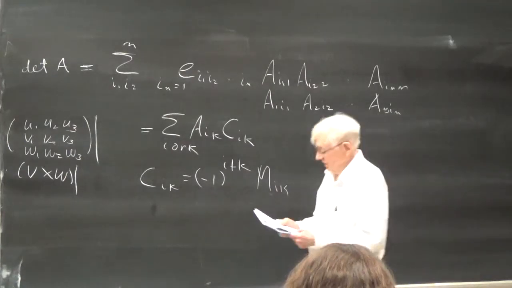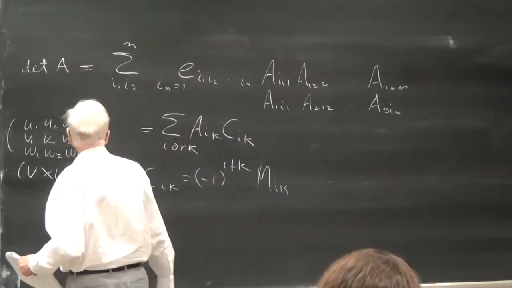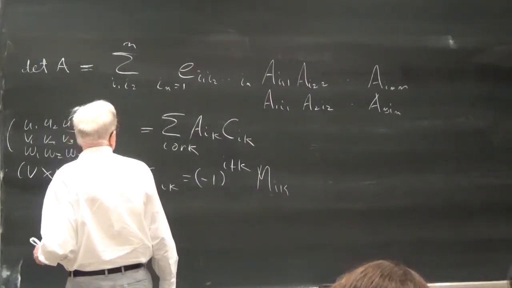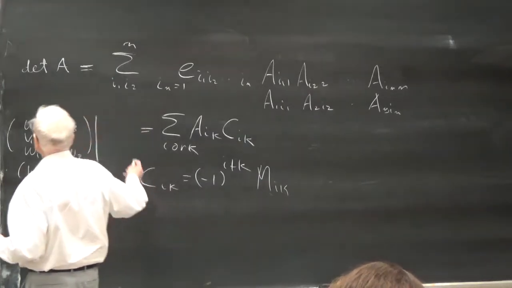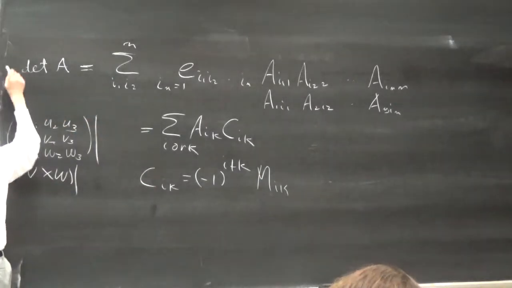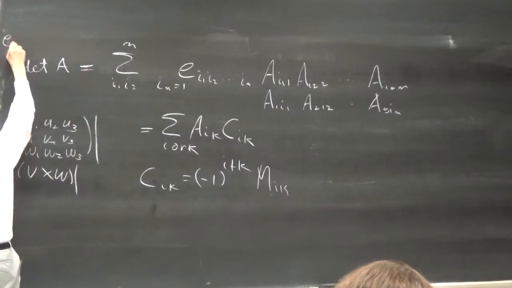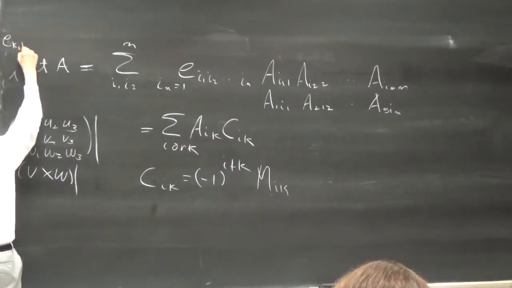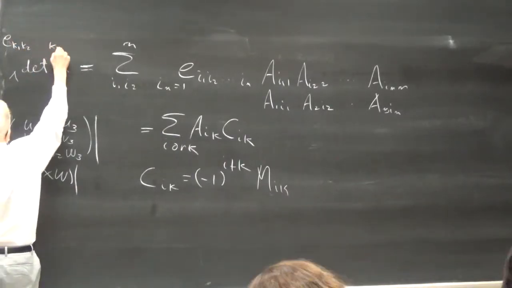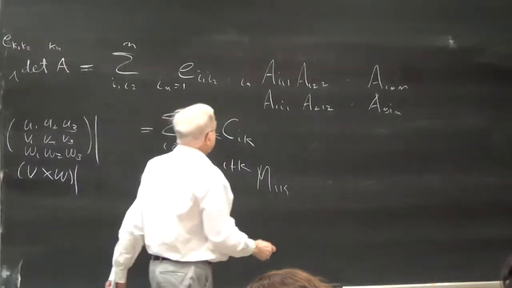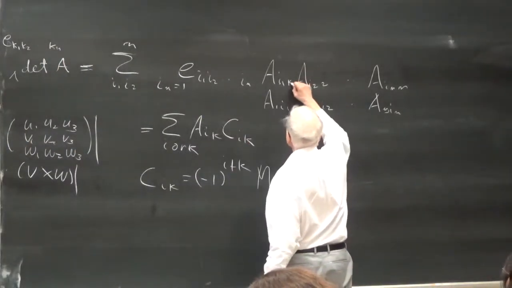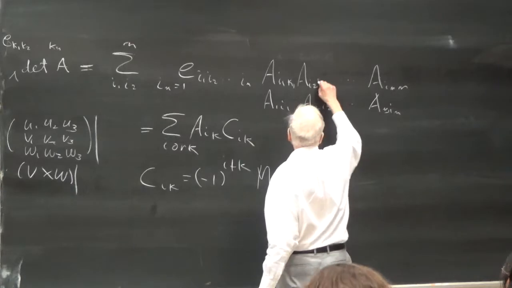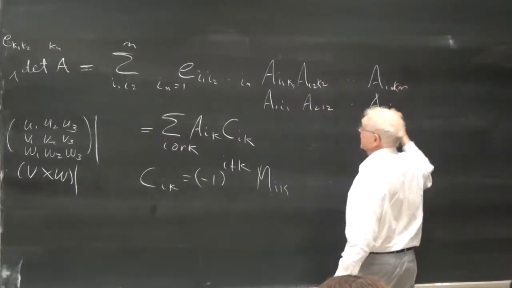And one also has a relation. For example, one could multiply this by epsilon K1, K2, Kn, and then here, instead of 1, I'd have K1, K2, Kn.